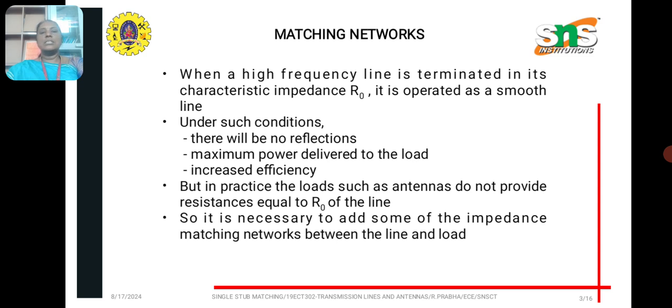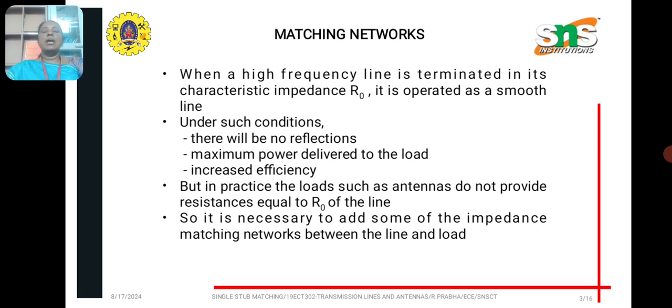Under such conditions, there will be no reflections, maximum power delivered to the load, and we get increased efficiency. But in practice, loads such as antennas do not provide a resistance equal to R0, the characteristic resistance of a transmission line.